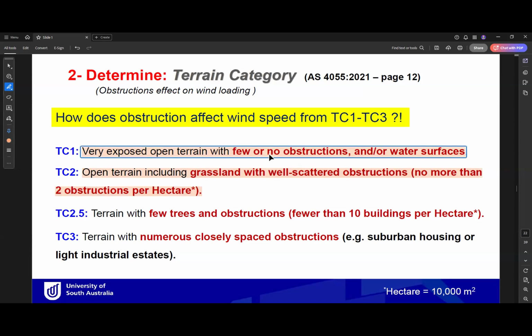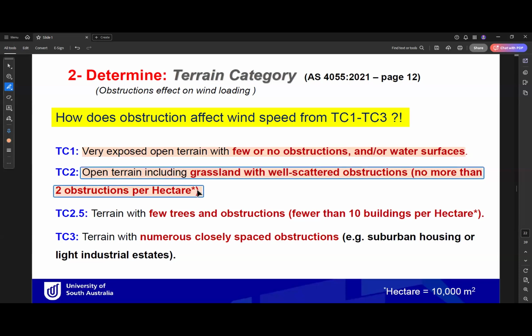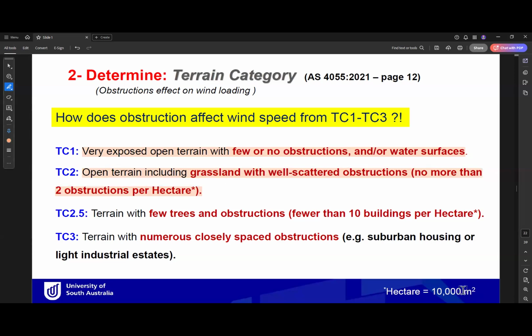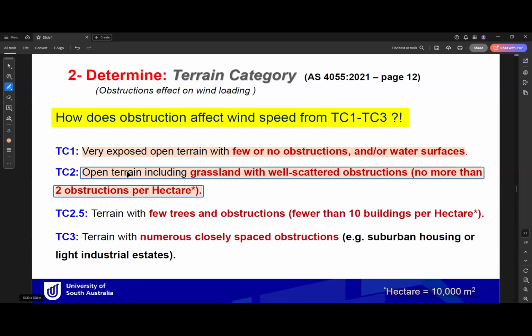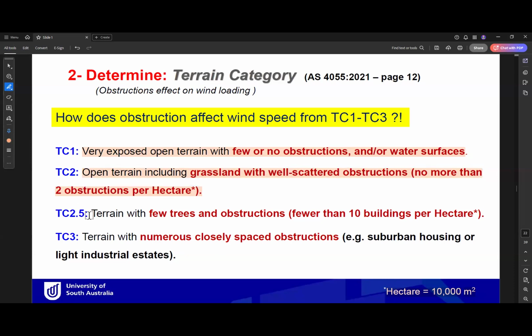So let's say TC1 has 0 or 1 obstruction, and TC2 has 2 obstructions per hectare, where a hectare is equal to 10,000 square meters. TC2.5 has more obstructions than TC2, which is terrain with a few trees and fewer than 10 buildings per hectare, so 2 to 10 obstructions per hectare is considered TC2.5.